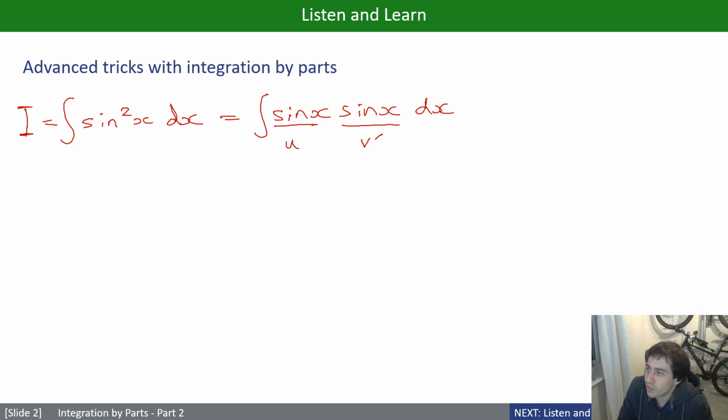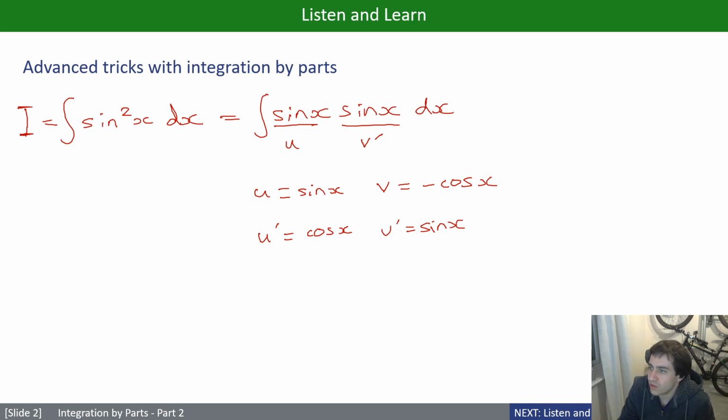U equals sine x. V dash equals sine x. U dash, the derivative of sine x, is cos x. And for v, the integral of sine x is minus cos x.